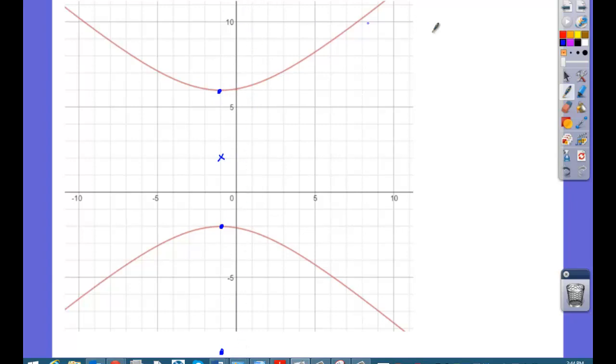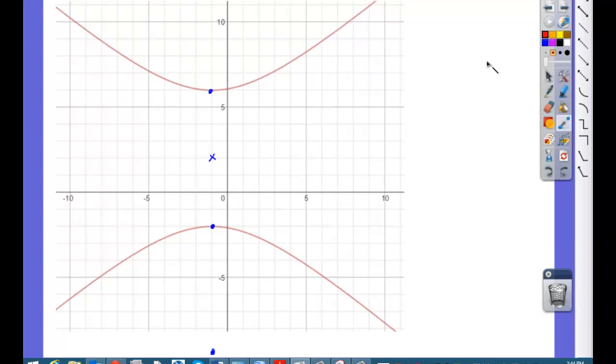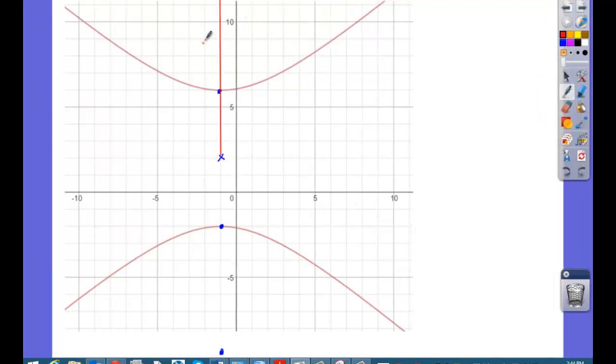Let's say I told you that the distance from the focus to the center was the square root of 41. I'm trying to make this example work out so that it's true to life for this actual hyperbola.